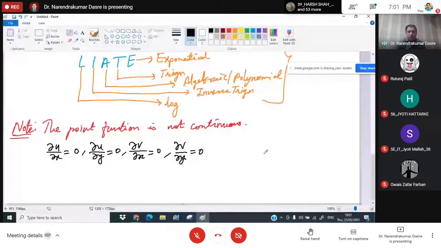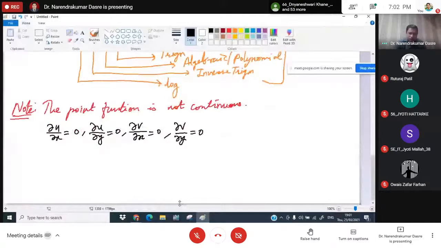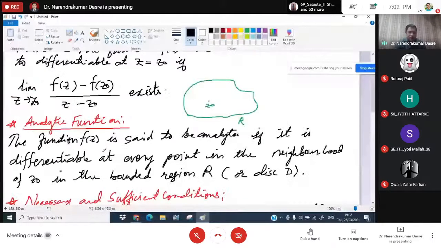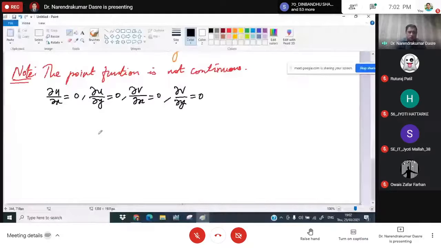So we simply put that they are not continuous. Now once we have an idea about the derivative, continuity, analytic function, and necessary and sufficient conditions, we can try some examples based on this.